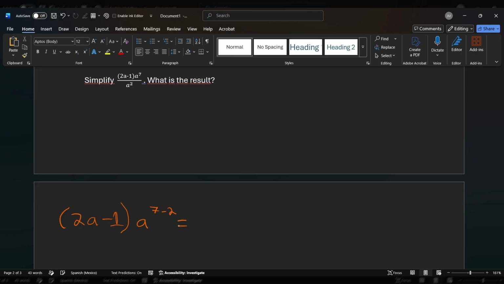And this is going to be equal to 2a minus 1 times a to the 5th.